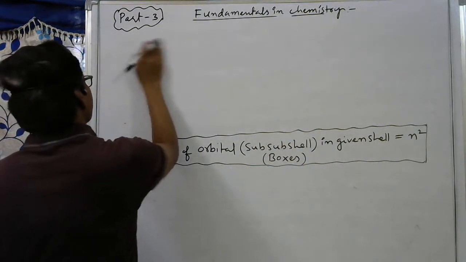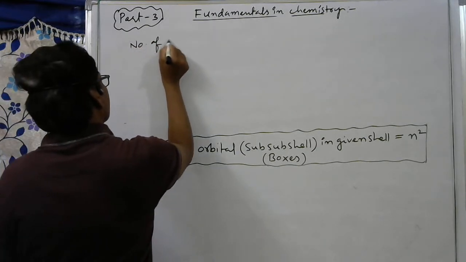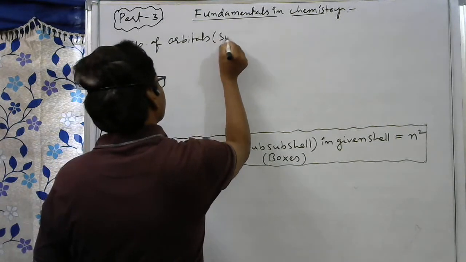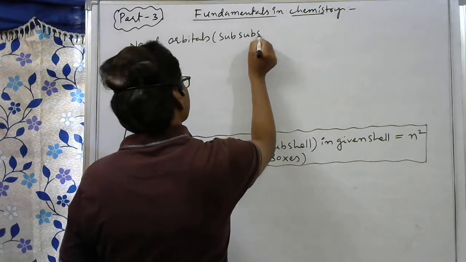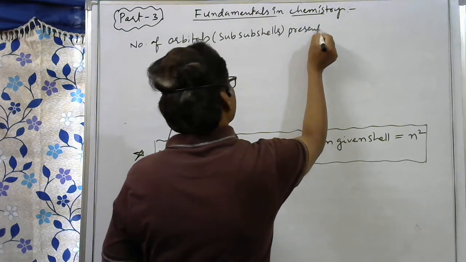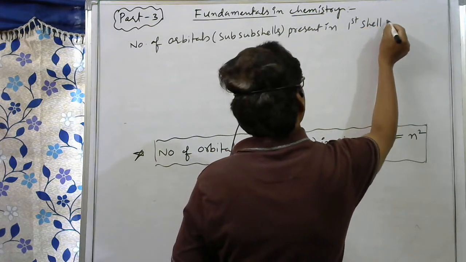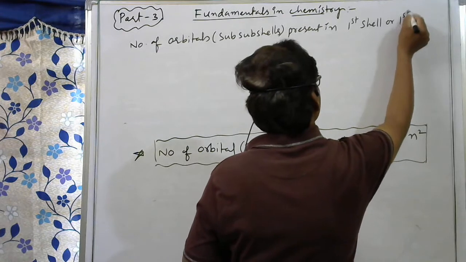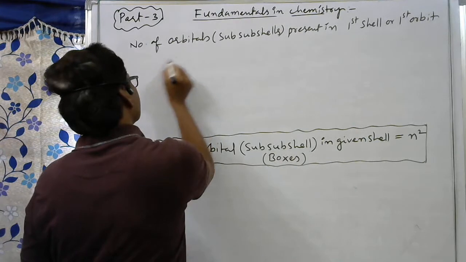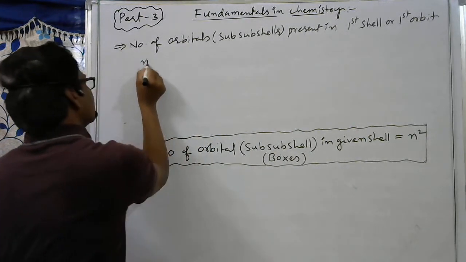See, first, number of orbitals, otherwise subshells present in first shell, otherwise first orbit. For this n value is 1.